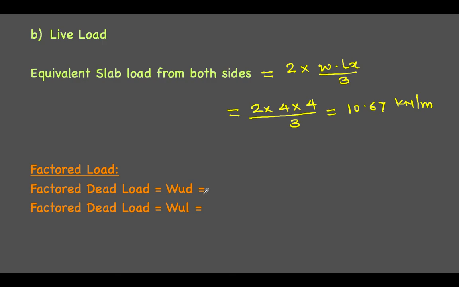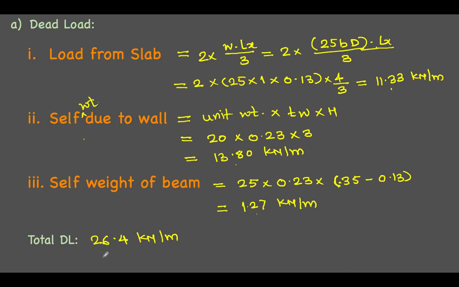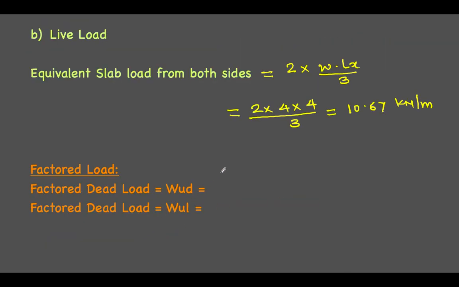Now we have to determine factored load. For factored dead load, we have already calculated the dead load as 26.4 kilonewton per running meter. Multiplied by factor of safety, that is 1.5 for concrete, 1.5 into 26.4, we will be getting 39.6 kilonewton per running meter.